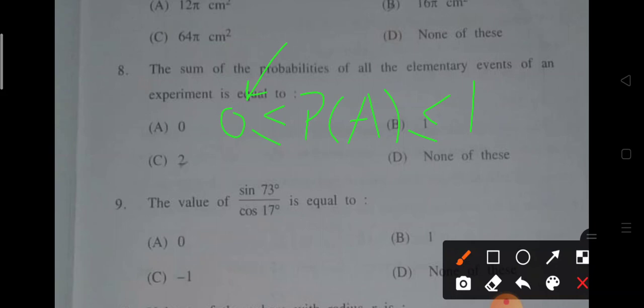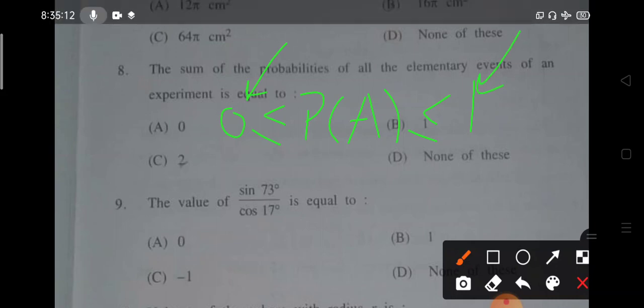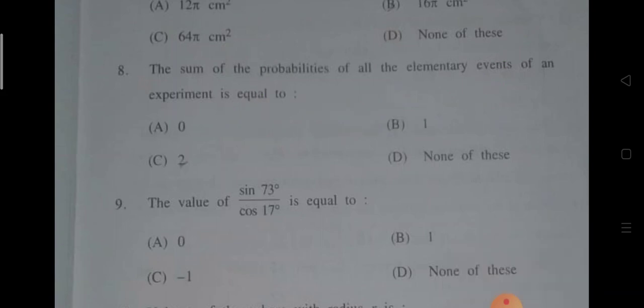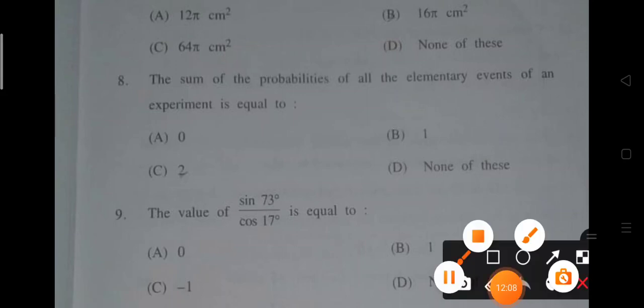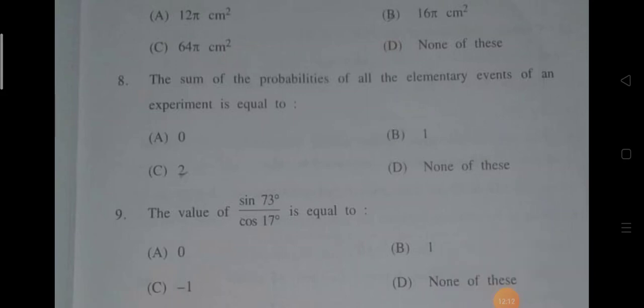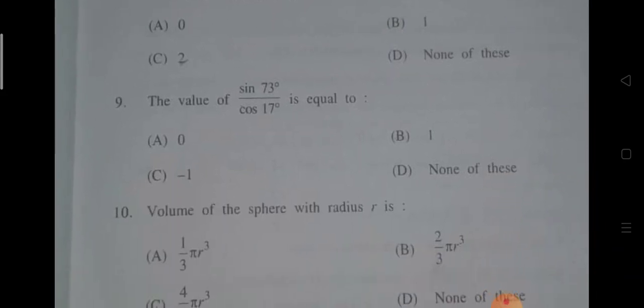At the least the probability can be 0 and at the most 1, it cannot be more than that. So it can be anything between 0 and 1. So here the total probability is equal to what? The sum of all the probabilities, however many you add, can be at most 1, it cannot be more than 1. So the sum will be 1.